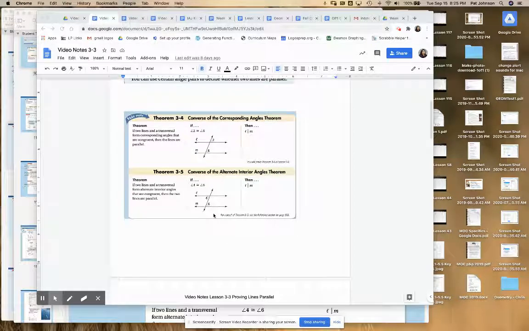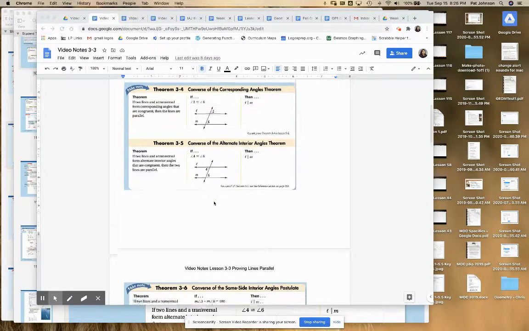Same thing with the converse of alternate interior angles. If two lines and a transversal form alternate interior angles that are congruent, and the little tick marks show that they're congruent, then the two lines are parallel. They didn't tell us the two lines are parallel, but because of the converse of the alternate interior angles theorem, they are.